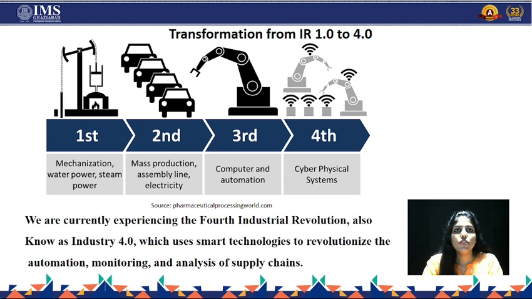Now, the latest form of industrial revolution is 4.0, where cyber physical systems and artificial intelligence have been introduced in every aspect of industries and their working styles. We are currently experiencing the fourth industrial revolution, where smart technologies revolutionize the traditional form of working, such as automation, monitoring and analysis of supply chains.